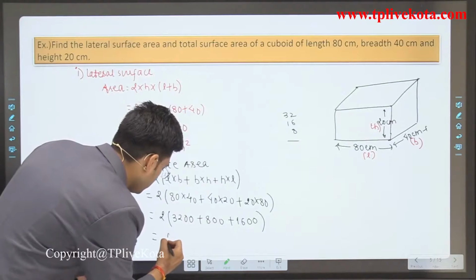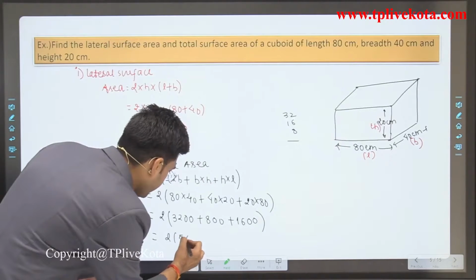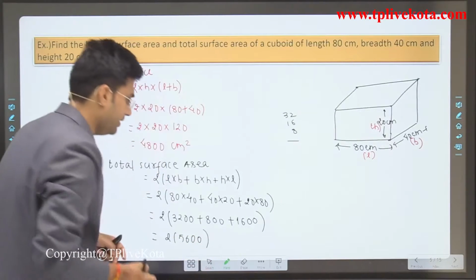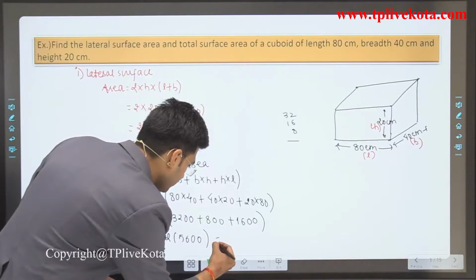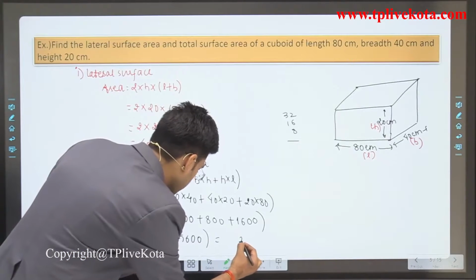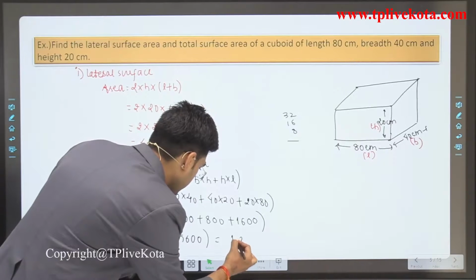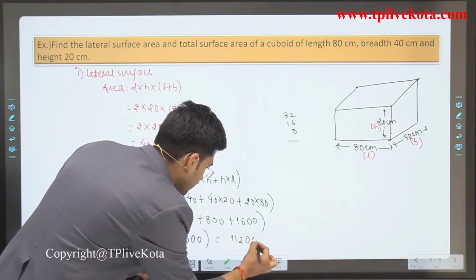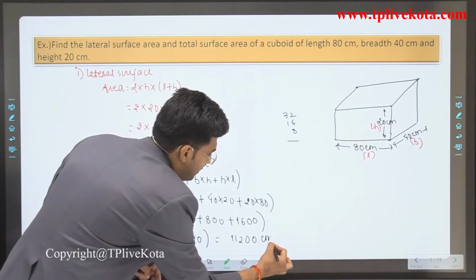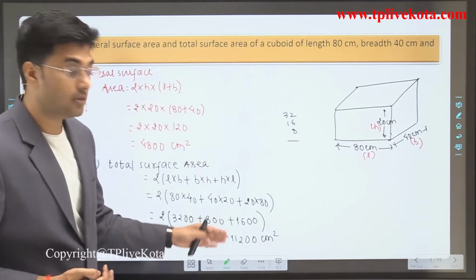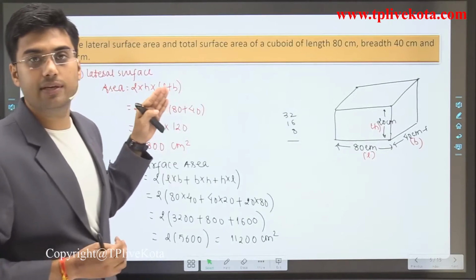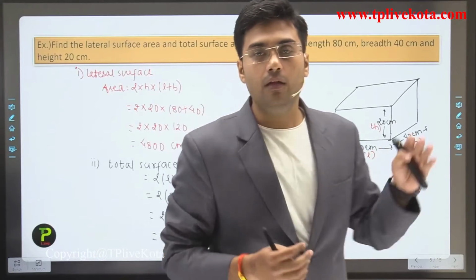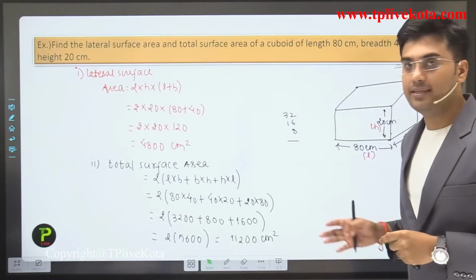So it is equal to 2 multiplied by 5600, and when we solve this, what will we get? It is 11200 centimeter square. So this is the total surface area of this cuboid, and this is lateral surface area of this cuboid. Clear? So students, I hope you understand this question.